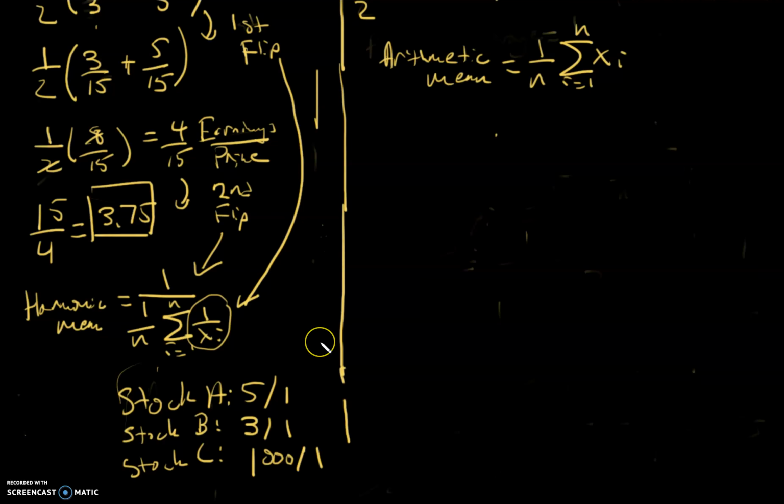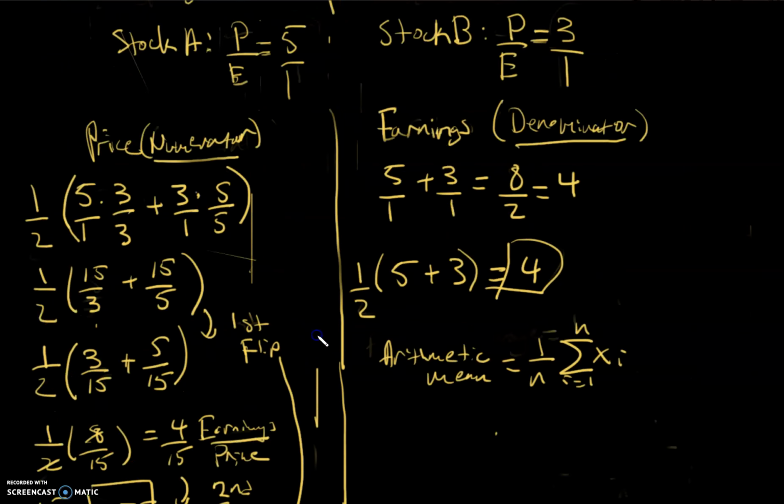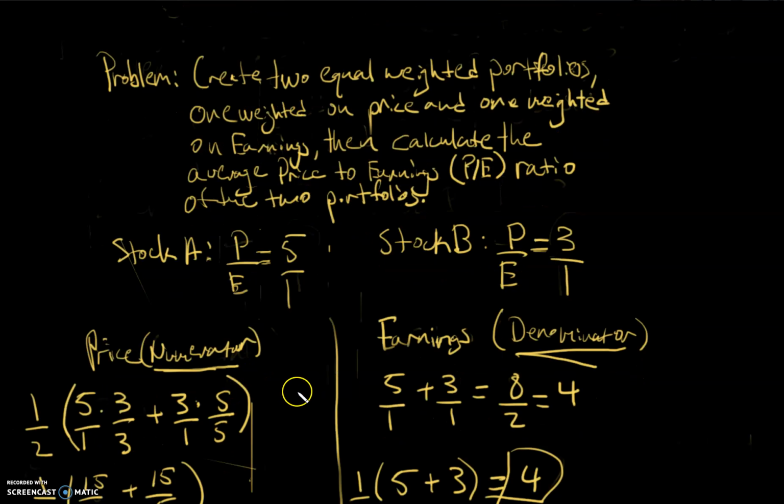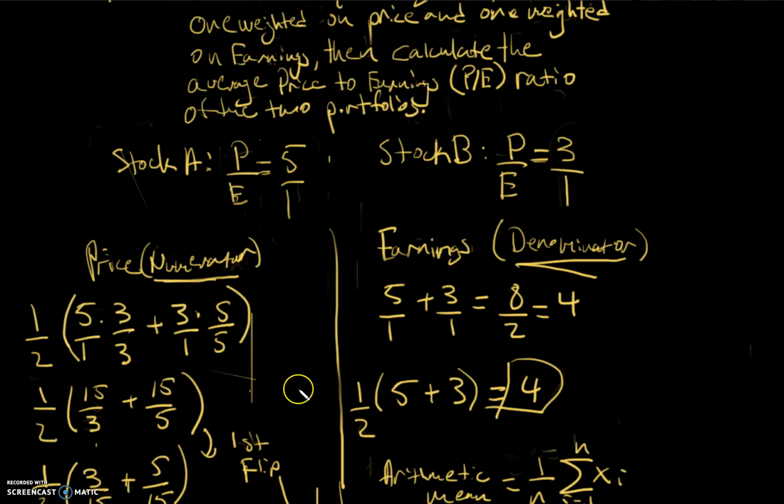The other way that you would know when to use the harmonic mean versus the arithmetic mean is to ask yourself, based on the problem that you're working on, are you trying to equalize the numerator, or are you trying to equalize the denominator? Depending on what you're trying to equalize, that's the mean that you should be using.